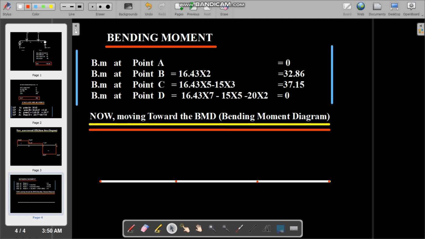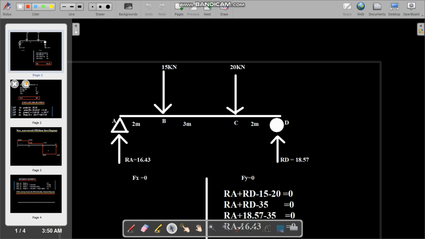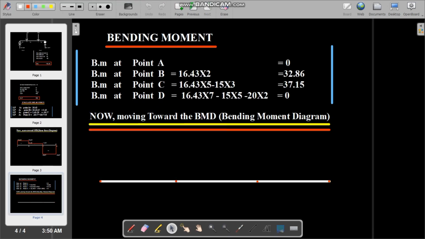Then we draw the BMD from these values. And here is a picture of a beam, and we got the bending moment values from that diagram and that numerical.